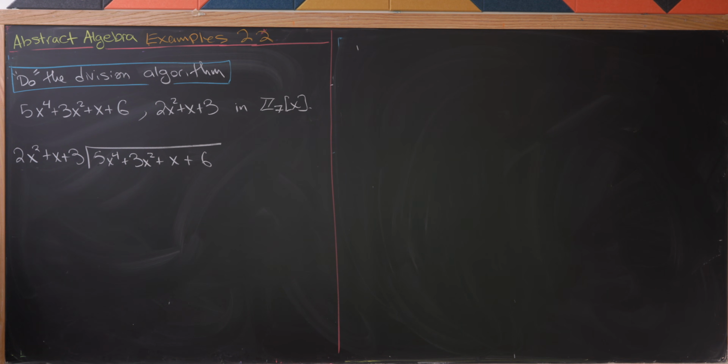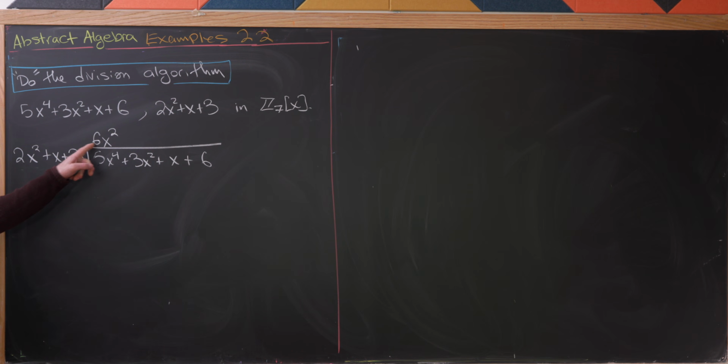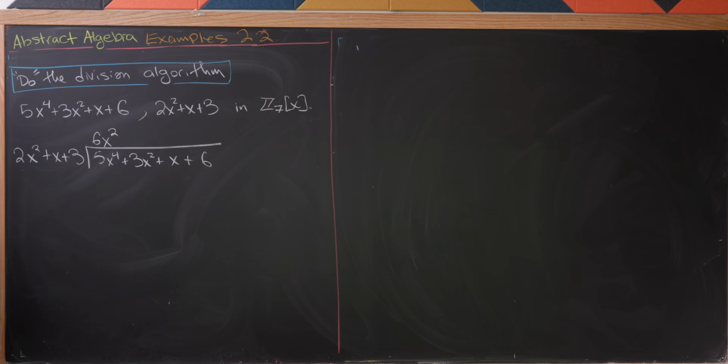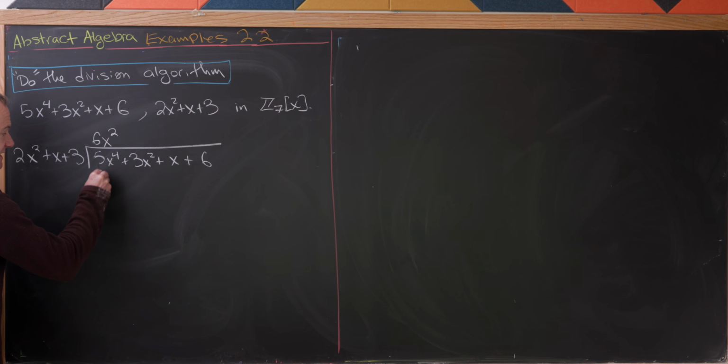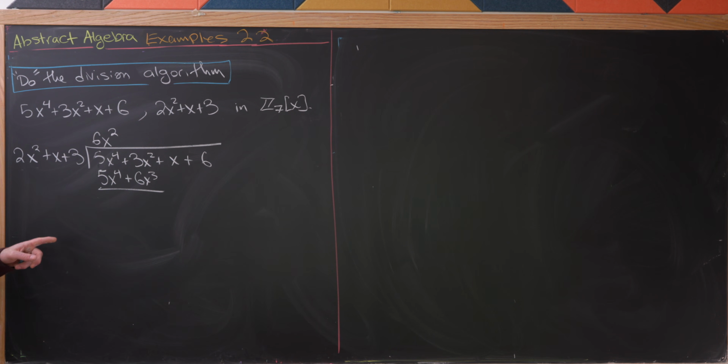And I think you'll see that 6 works. So we need to multiply by 6x^2, because 6 times 2 is 12, but 12 inside of Z7 is 5. That'll give us 5x^4, because 5 is equal to 12, and then plus 6x^3. Good.